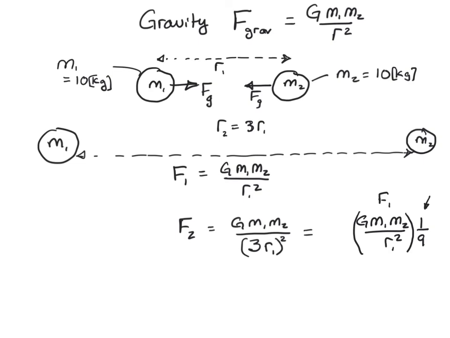So, for example, if F1 was equal to 10 newtons, newtons being the unit for force, then F2 would be 10 divided by 9, or about 1.1 newtons.